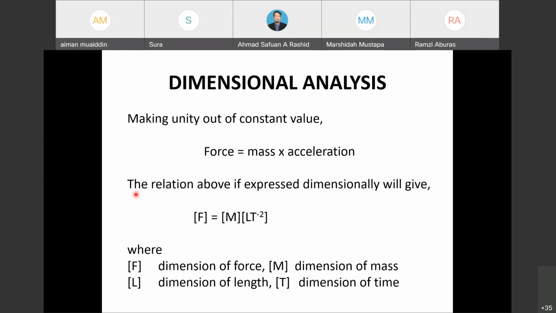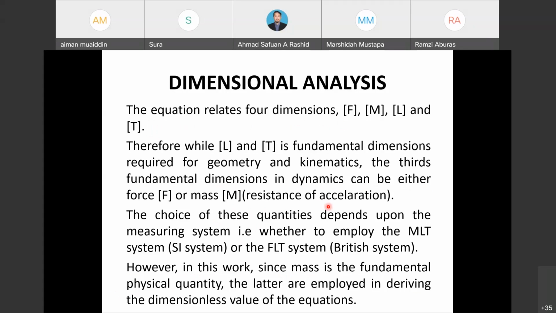Making it a constant value, the relation above, if expressed dimensionally, gives F equal to M, where M is the mass, times acceleration, which is L times T to the power of -2. So we have the dimension of force, F, dimension of mass, M, dimension of length, L, and dimension of time, T. So the equation relates 4 dimensions: F, M, L, and T.